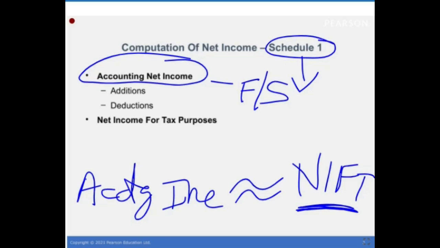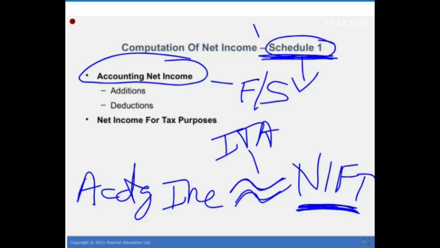We have to do a similar process here, where we take our accounting income and run it through the translator for all of our Income Tax Act rules, and come up with net income for tax. That all happens in the Schedule 1, which is part of your T2 corporate tax return.